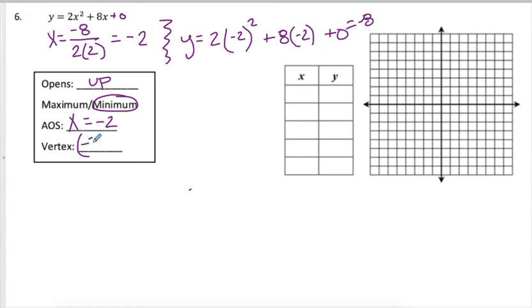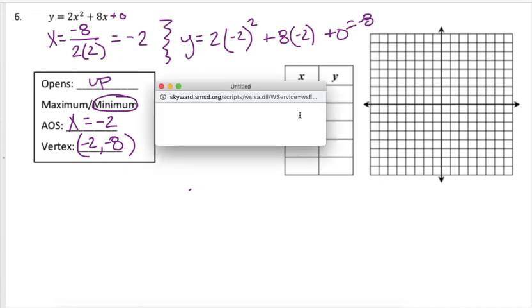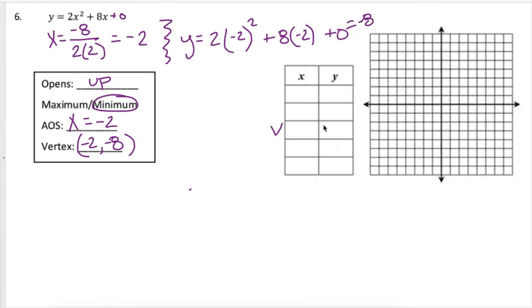So we have negative 2, negative 8. All right, so looking at my calculator here, we're going to put in our vertex, negative 2, negative 8. All right, so negative 2, 1, 2, 3, 4, 5, 6, 7, 8.